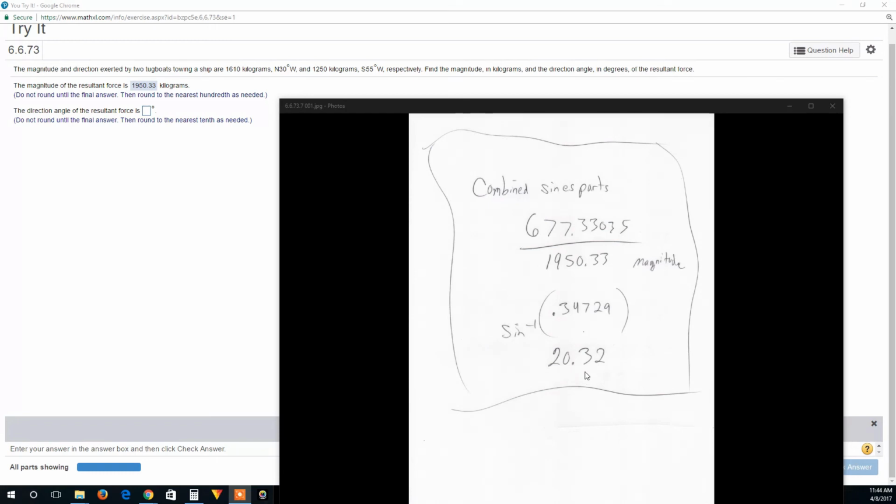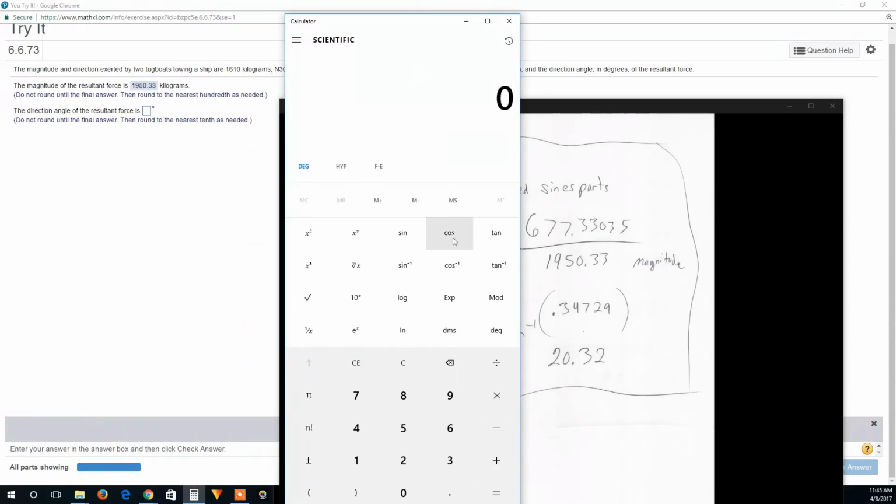Because the other forces were going outwards towards 3 and 2. If I were to try this with the cosine, remember our combined cosine value was about, let me get the calculator over here. Our combined cosine value was negative 1828. Remember, I forgot to make it negative. 0.94006.